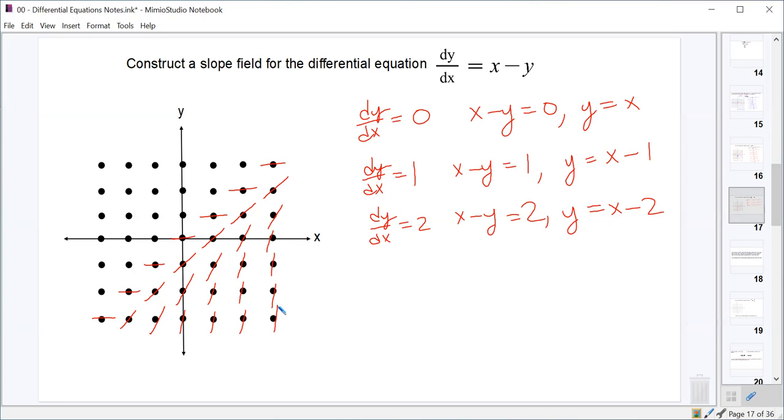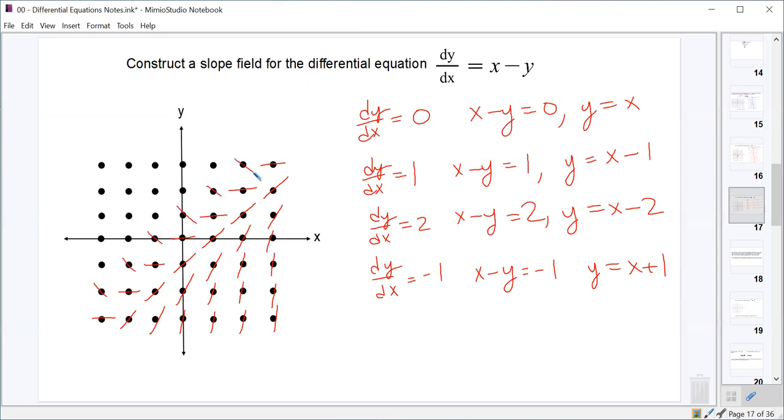And we'll test just to make sure with -1. But it seems like that should move up in the other direction. So if x minus y equals -1, that would tell us that y is x plus 1, which is that line. So everywhere along that line, we want slopes of -1.